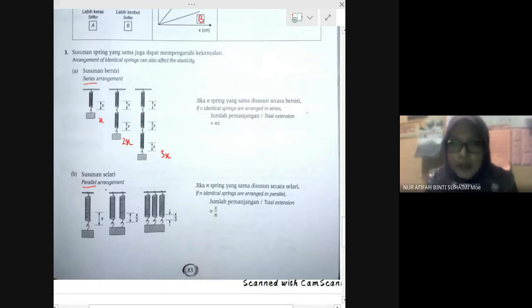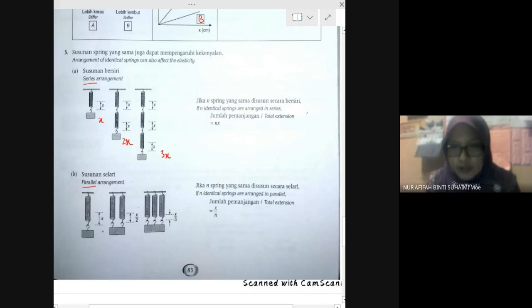Right. For parallel arrangement, total extension you must divide by the number of springs. X over 2, if 2 springs. Okay, if there are 3 springs, so X divided by 3. So dia punya extension becomes smaller and smaller.